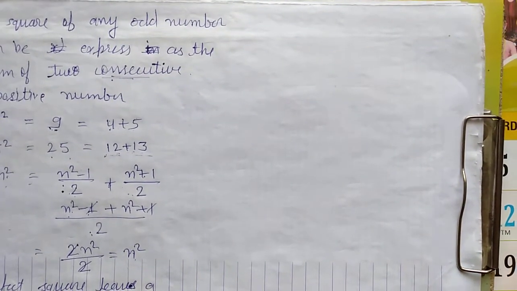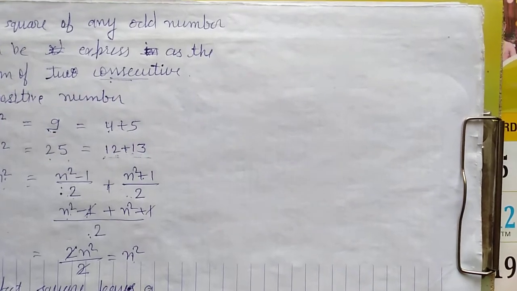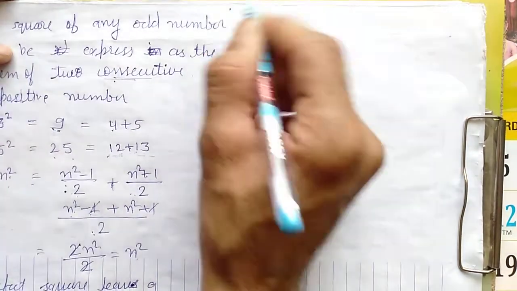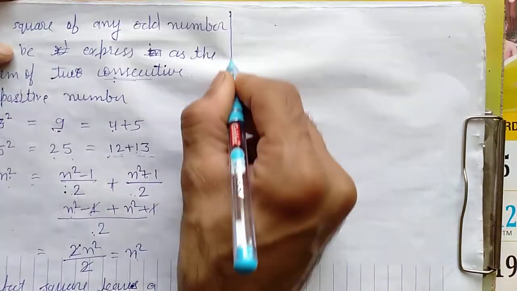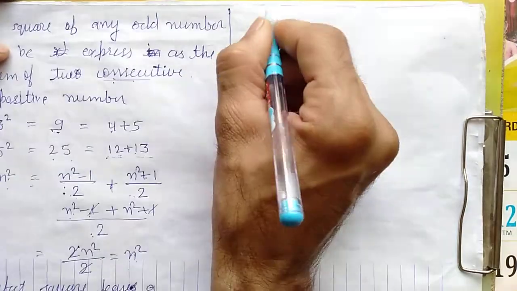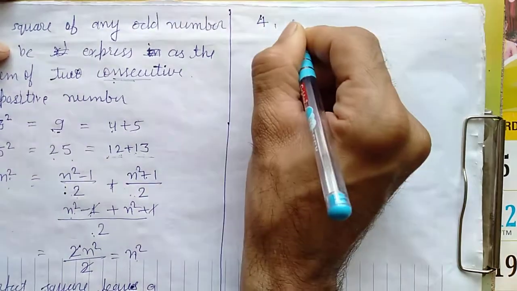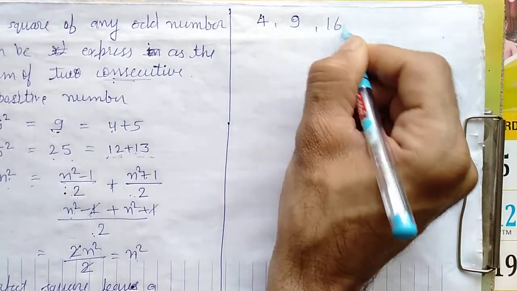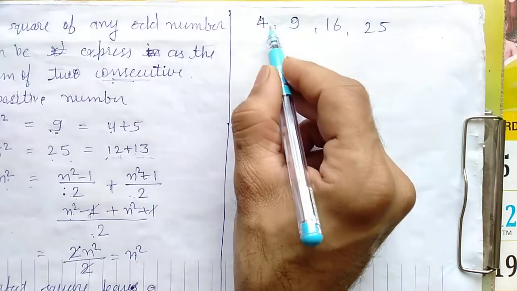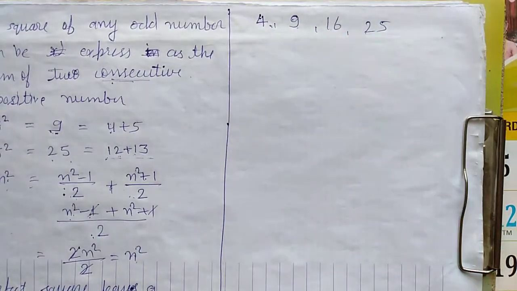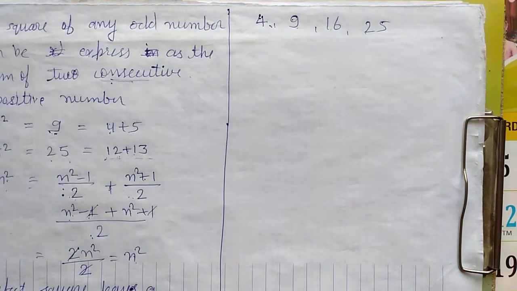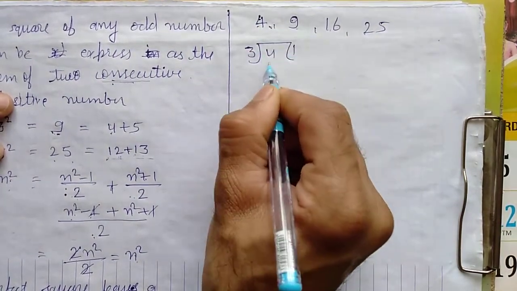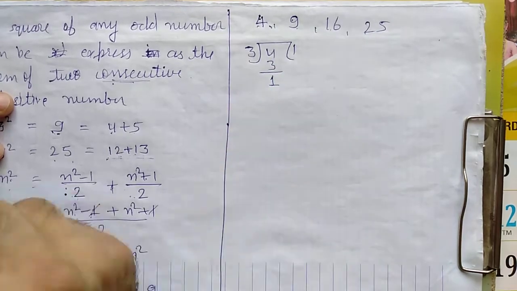Whenever a perfect square is given, when we divide it by 3, the remainder will always be 0 or 1. Let's write some perfect squares here: 4, 9, 16, 25, which are 2 square, 3 square, 4 square and 5 square. These all are perfect squares. Let's divide by 3. 4 divided by 3, 3 ones are 3, what is coming? 1.